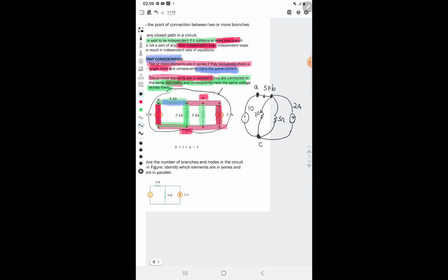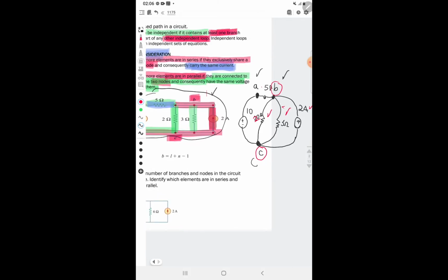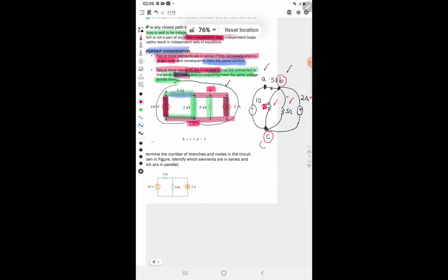Okay? So you can see the nodes, node A, node B, and our node C. So in our node B, consequently, we have a parallel connection of our 2 ohm, 3 ohm, and our 2 ampere. And of course, it is in parallel with the series combination of our 5 ohm and our 10 volts. Okay? So it's only a 2 ohm pala to. Okay?